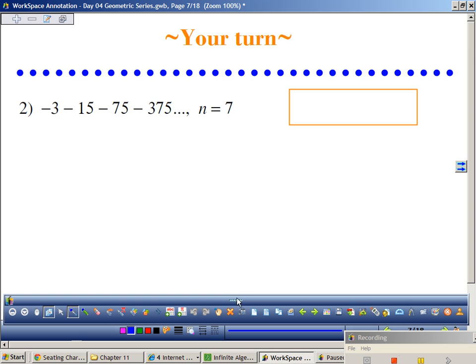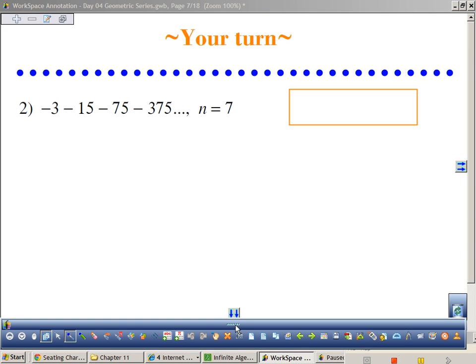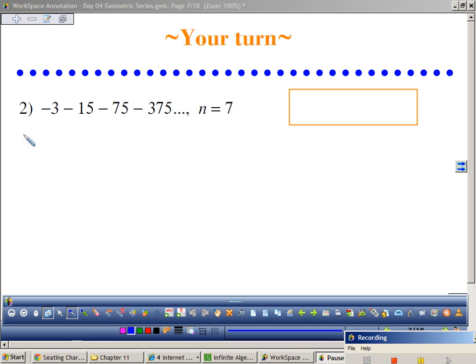Moving on. Do number 2. Okay, so r equals what? R equals 5.